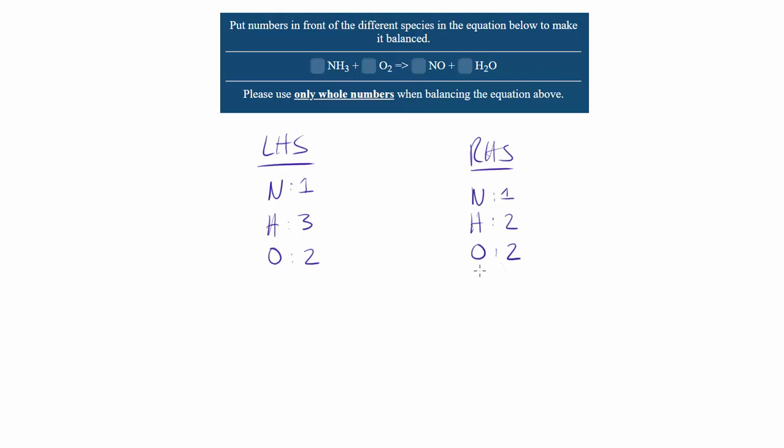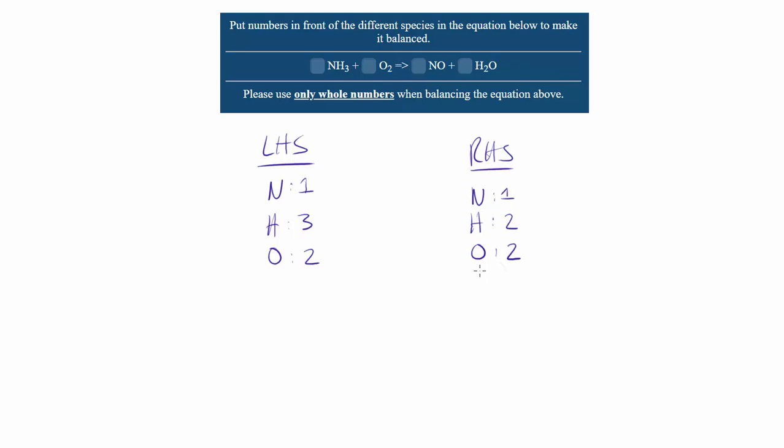As you can see, the main thing which is not balanced at the moment is the hydrogen. We've got 3 hydrogens on the left hand side and 2 on the right hand side. So how can we get that balance?